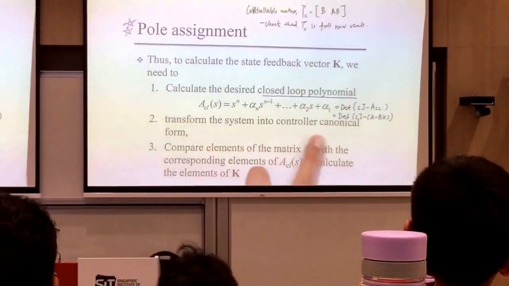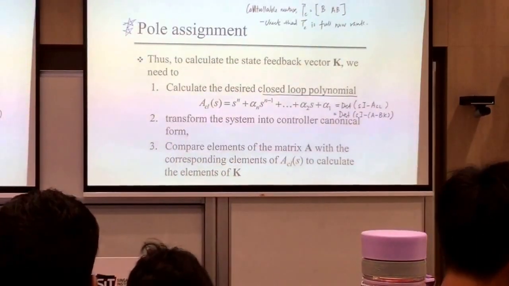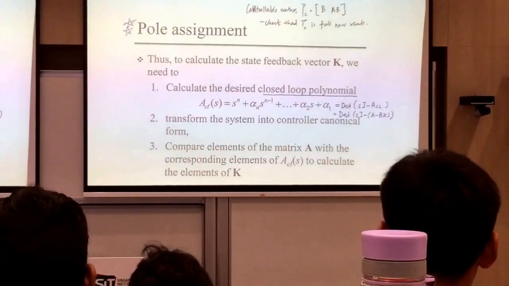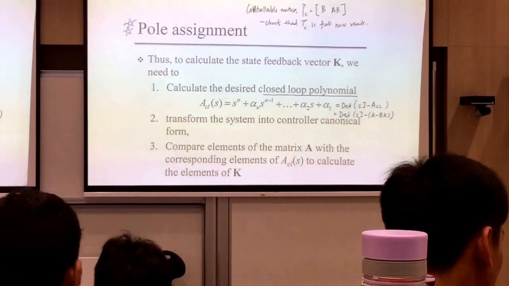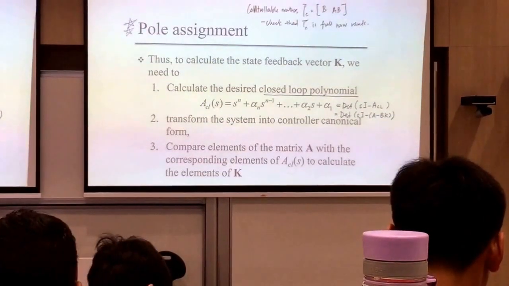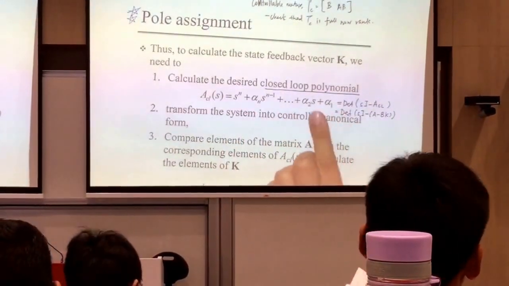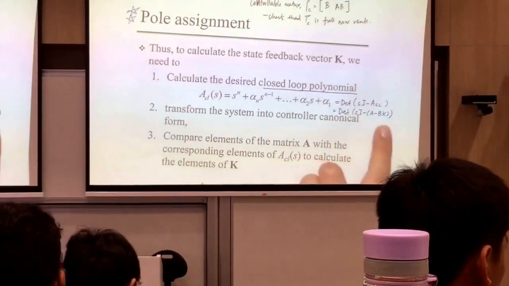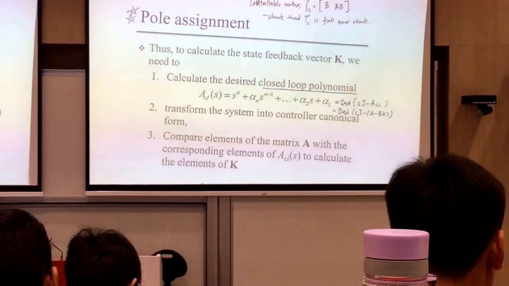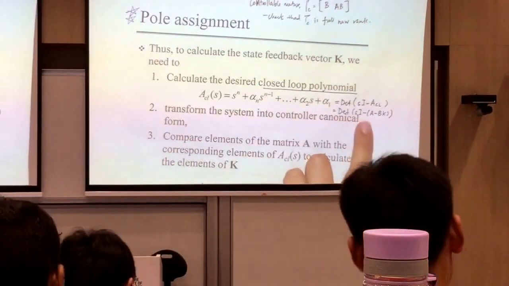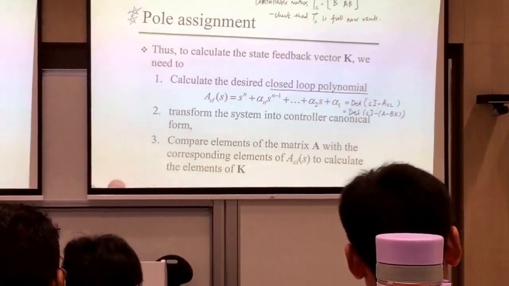Transform the system into controller canonical form, and compare elements of A, corresponding elements of ACL and elements of K. So this is the thing. So you add this with the polynomial of sI minus A. Okay, because the closed loop polynomial is just the determinant of sI minus ACL, which is A minus BK.